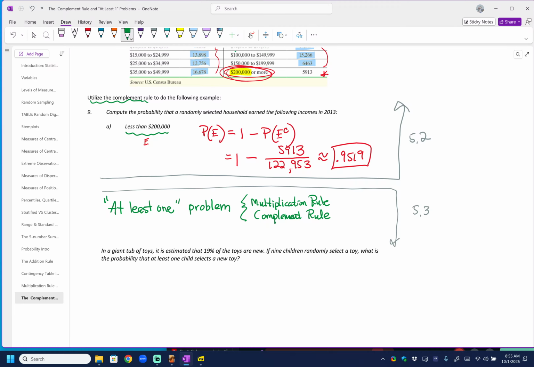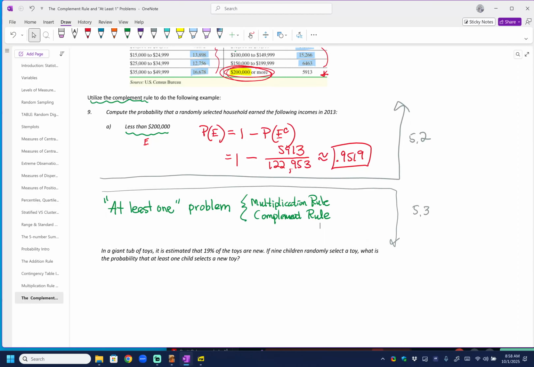Let's use an example to introduce the concept. It says, in a giant tub of toys, it is estimated that 19% of those toys are new. If 9 children randomly select a toy, what is the probability that at least one child selects a new toy?